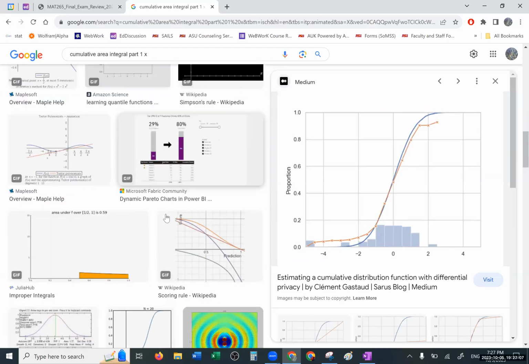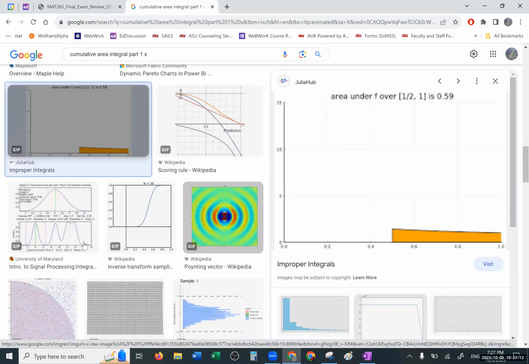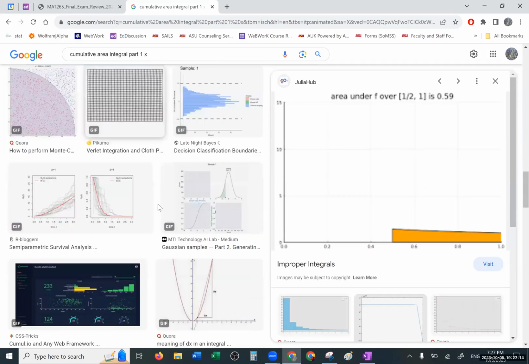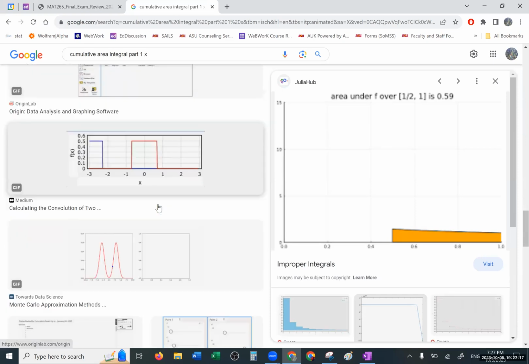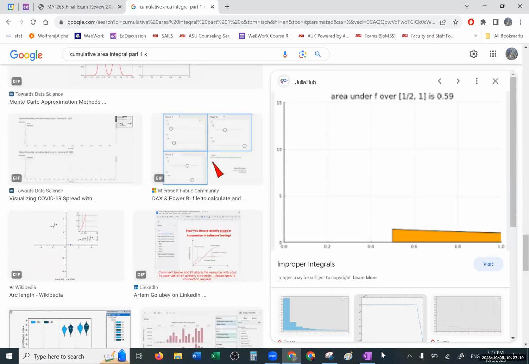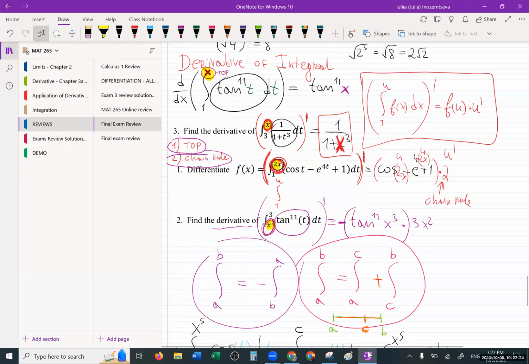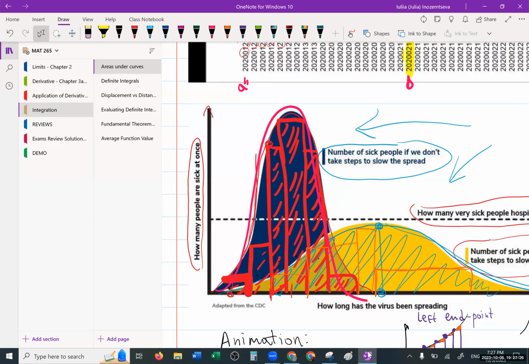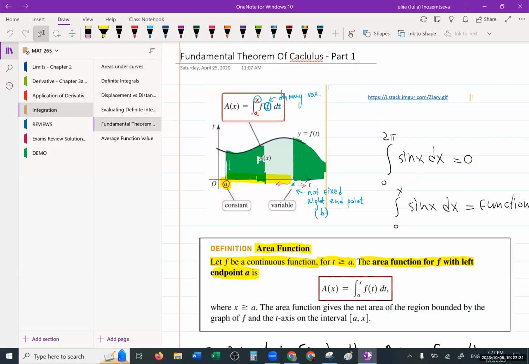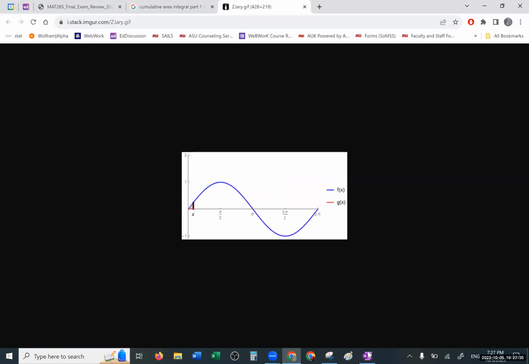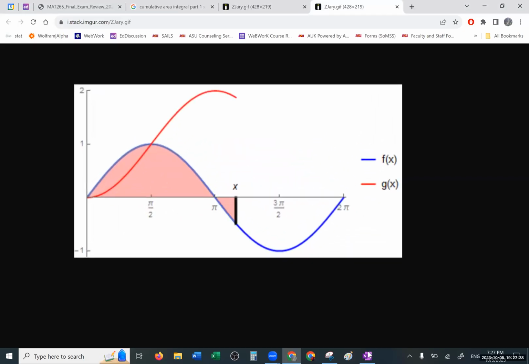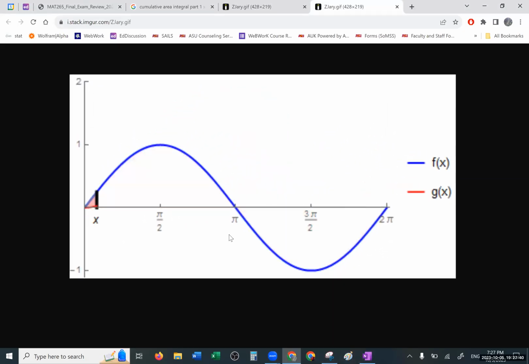We all know that. Okay. I can't find it so fast. It may be in my notes. Fundamental theorem of calculus, part 1. Oh, you see, it is here. Hopefully, it still exists. Yay! See, my notes are so organized. I have very good notes.